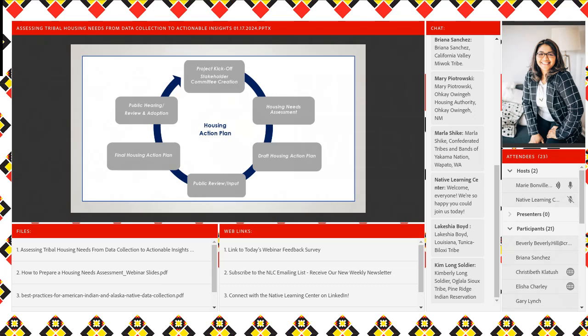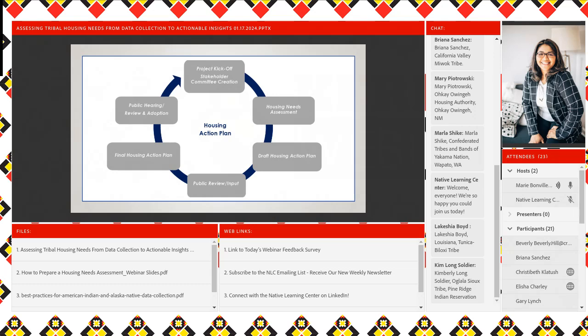Let's see here. I'm going to switch ahead and show you a project that started with the committee creation itself, or maybe the committee was existing in the case of the coalition. They had a housing needs assessment. They drafted a housing action plan, or the committee came up with certain policies or procedures they wanted to implement. And they wanted to make sure that they could put this out for the community, let them see it, and have them provide input.